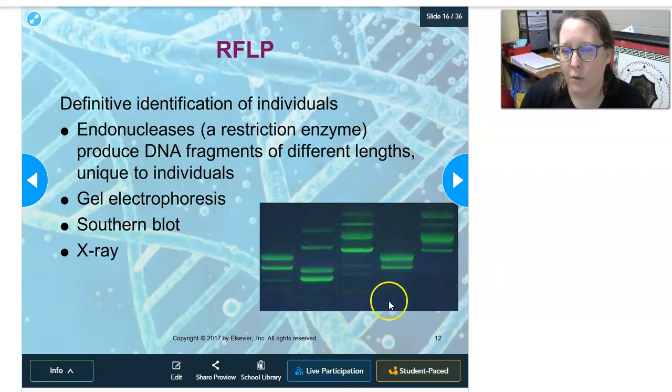For example, in this one, if this was your crime scene sample and these were all your suspects, it is matching this one right here, and so you would identify that person as the criminal. Every person has a unique separation pattern using RFLP.